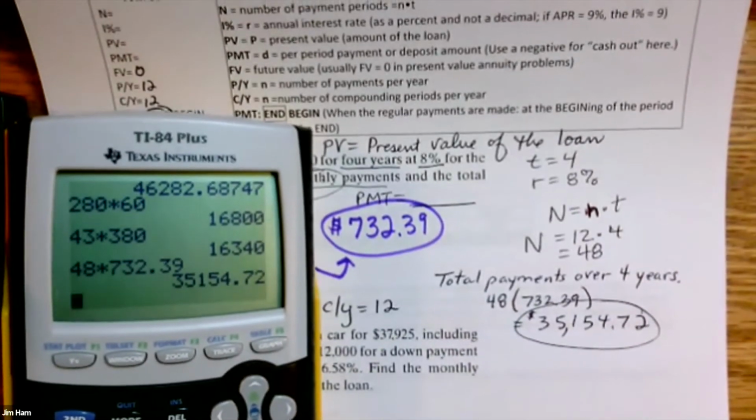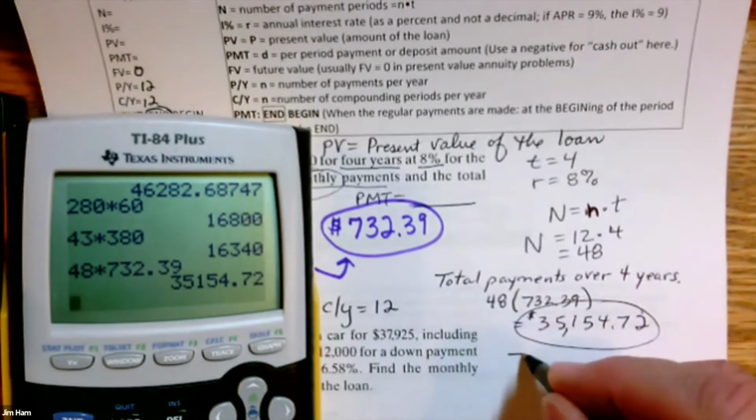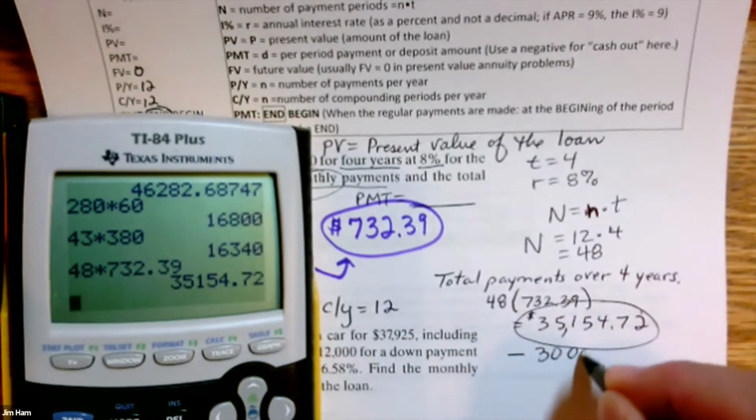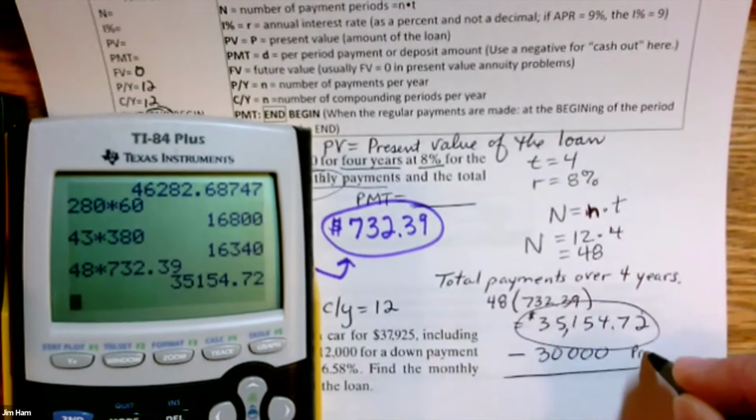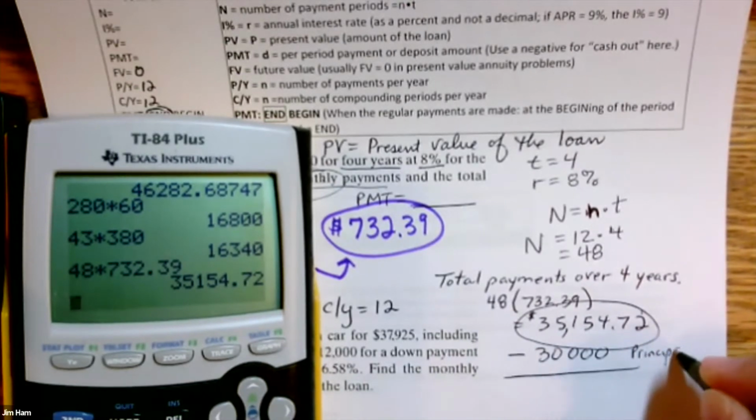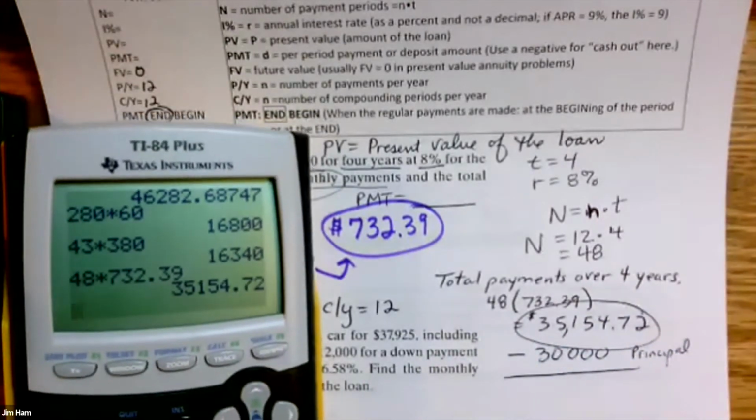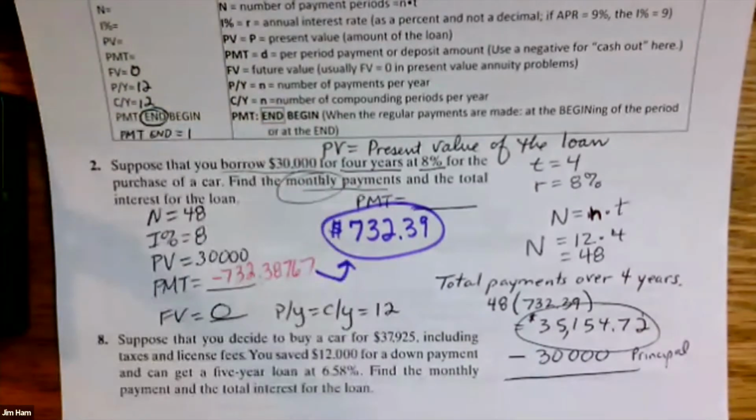Now those total payments are made up of the principal on the loan and then the interest. So what you do is you subtract the principal. Remember that the principal was the original debt that we took out. The bank gets its money, the mortgage company gets its money by charging you interest.